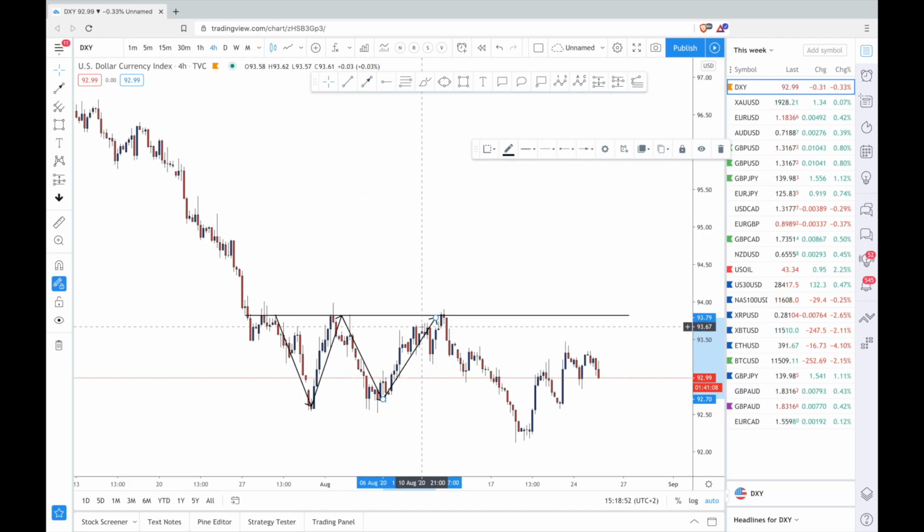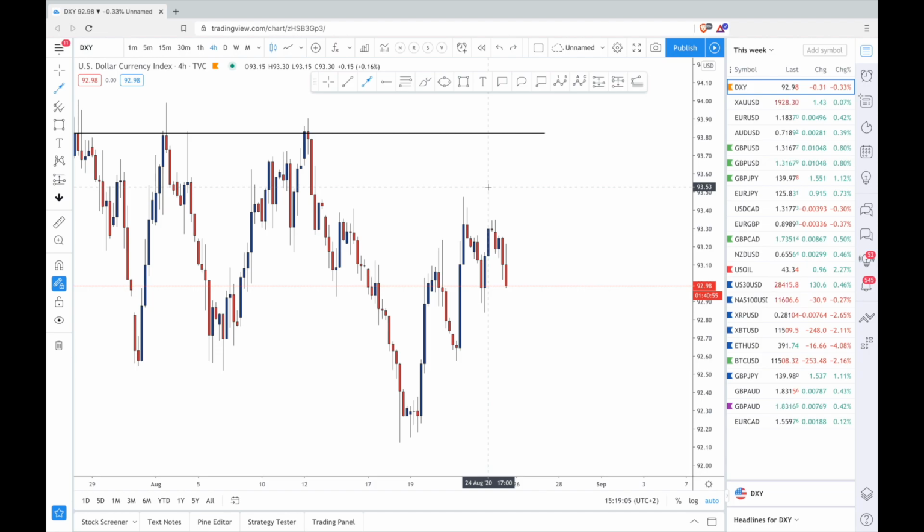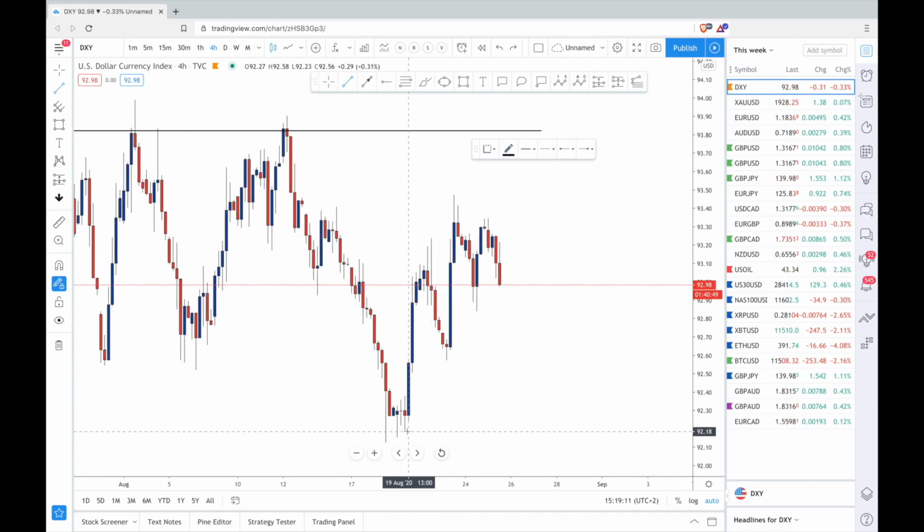But price never broke this resistance, and therefore we shot down, creating this new lower low, which was super important for the future of DXY, because you all know I was predicting the DXY dropping, and I was talking about this drop a long time ago, and I still have this opinion, because I still see my confirmation for shorts.